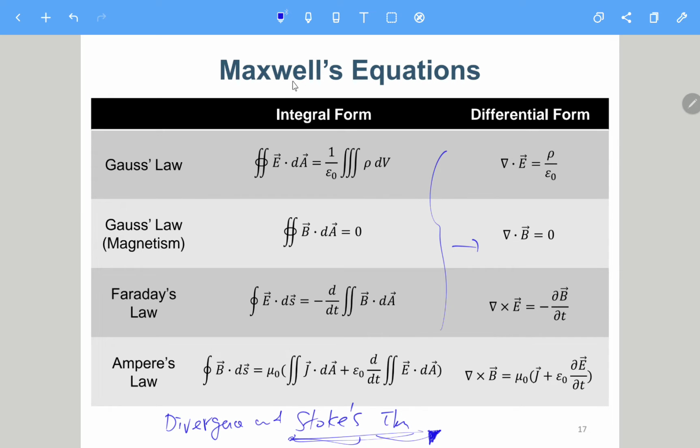So this is an interesting story, and actually Maxwell used the Stokes theorem to derive the differential form of the Maxwell equations. Of course, all the laws were not invented by Maxwell. As you know, these two are called Gauss's law, invented by Gauss, and this one was invented by Faraday.